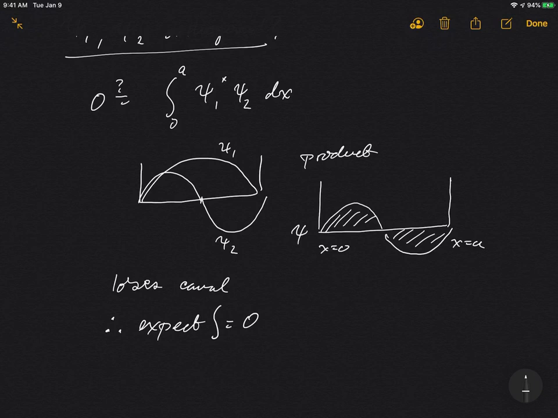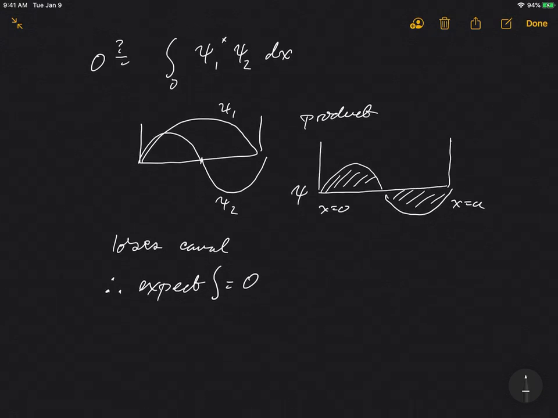Or we can try several examples and integrate them out numerically or analytically, and we'll see that the integrals go to 0. Or in the numerical case, of course, it depends on the accuracy of the numerical integration, but we expect it to be a very small number, much smaller than 1.